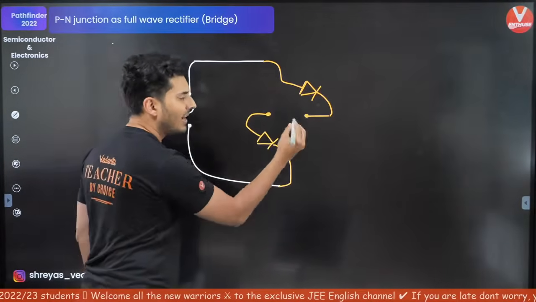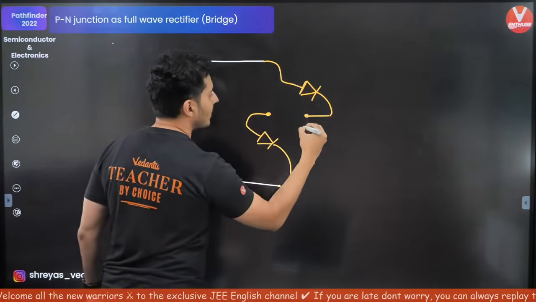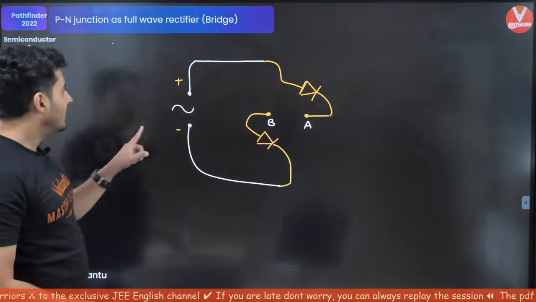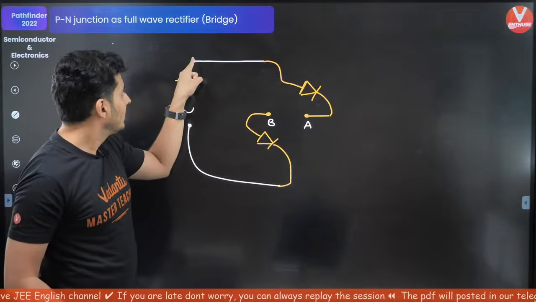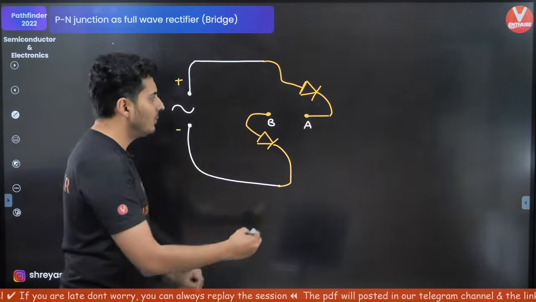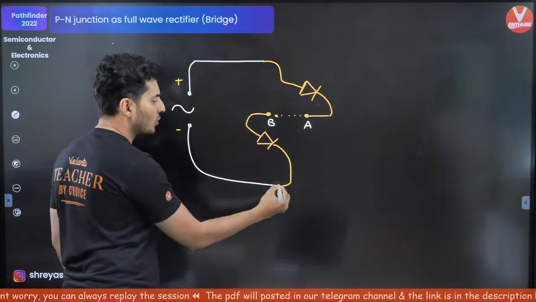So there is some device over here. Let's call these points A and B. So in this positive cycle, the current flows from this diode, goes into the device at point A and comes out at point B and goes through this diode.